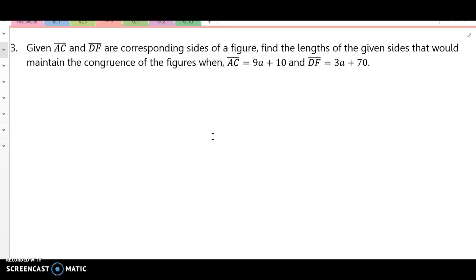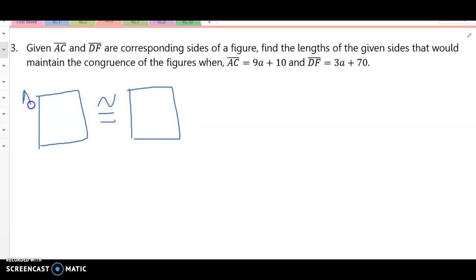So corresponding sides of a figure, that would mean, like, let's say we had two different squares and they're congruent to each other. So we've got AC is this side over here, and DF, I'm going to put them at the bottom because that's actually going to be easier.